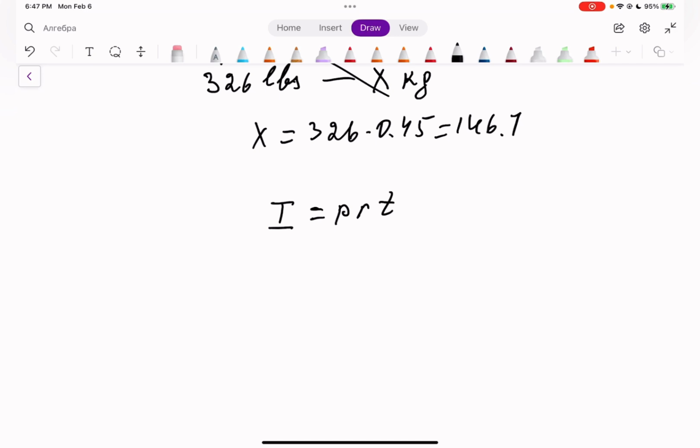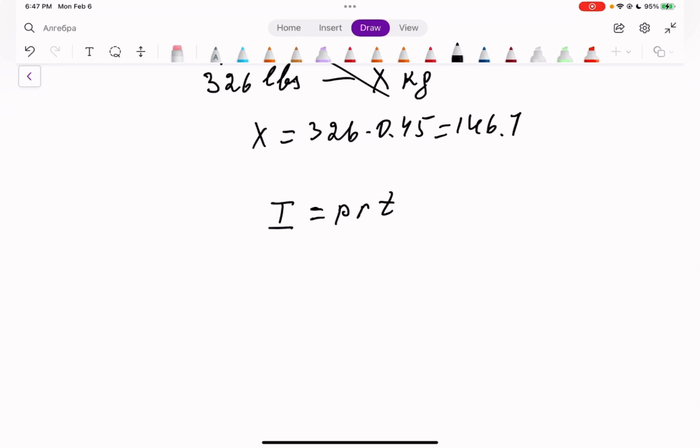P is the principal, the money that you borrowed. R is the rate, which is a percentage. T is the duration. You are borrowing money for 6 months, for 1 year, for 5 years.